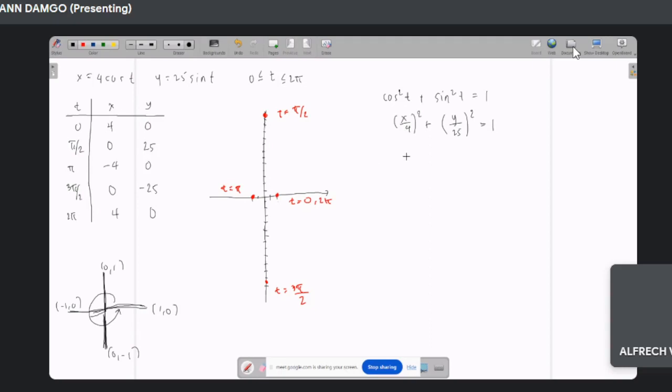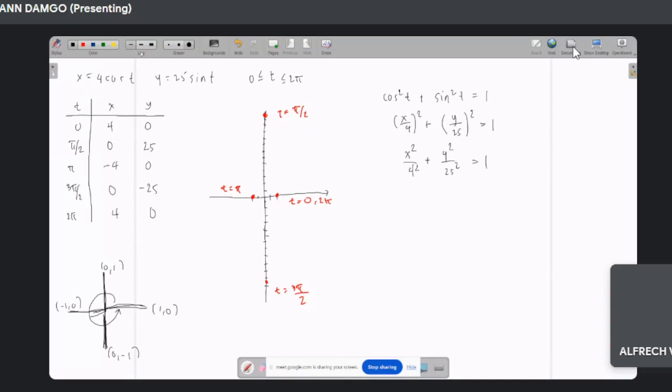Okay, so simplify, we have x squared over 4 squared plus y squared over 25 squared is equal to 1. So with this equation, this is the standard form of an ellipse.